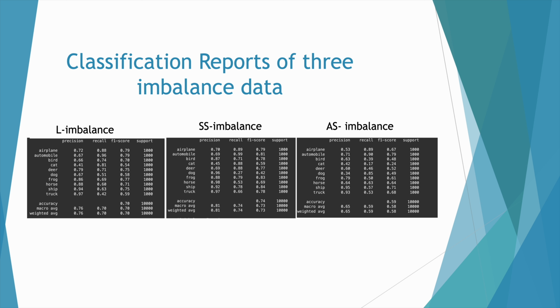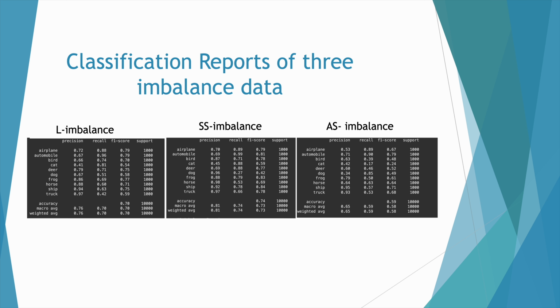Here we can see how well the model performs for each class as well as overall performance metrics. In LT imbalance, the model achieved an overall accuracy of 50%. Some classes like airplane and automobile have higher recall and F1 score, but classes like cat and truck have much lower F1 score. In SS imbalance, the accuracy improved to 74% and precision, recall, and F1 score are generally higher across most classes.